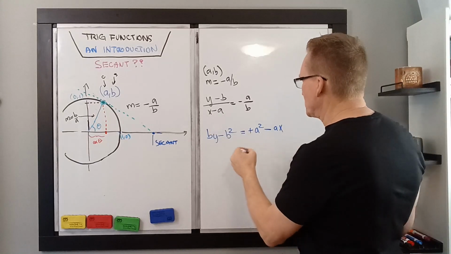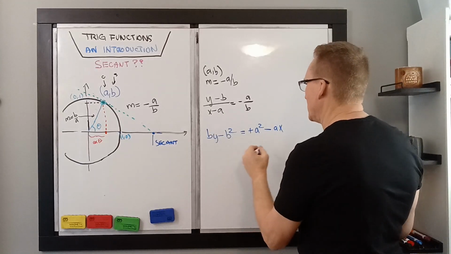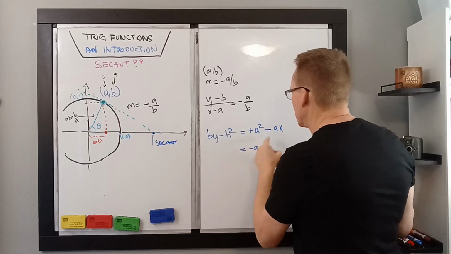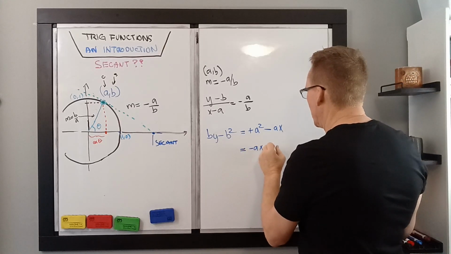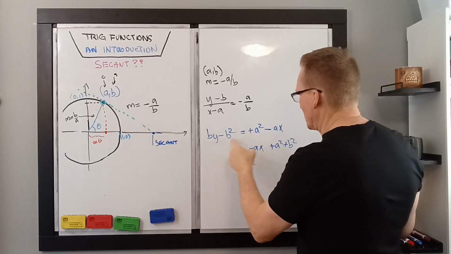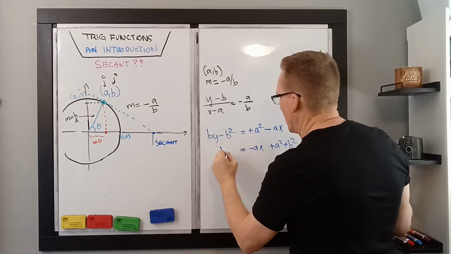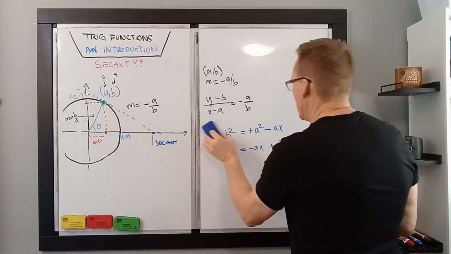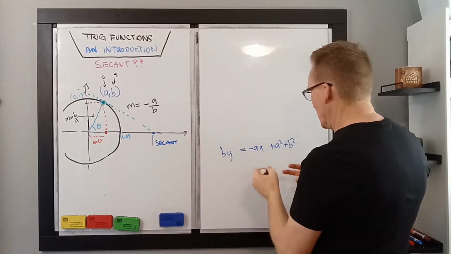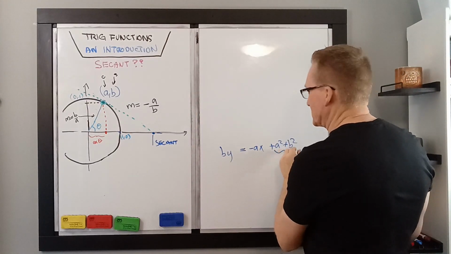So those are the four terms. Let's move this b to this side here, and we're going to have this equal to minus ax, plus a squared plus b squared. I just moved this term over there, and I'm leaving this by. So there's no difference here. Now if you notice here, this is a squared plus b squared.